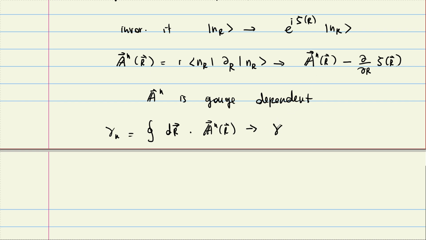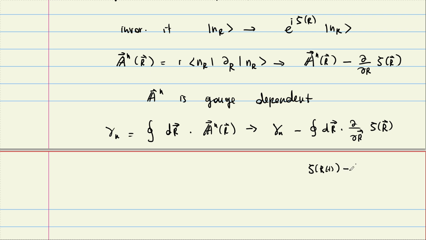One is itself, gamma n, and the other one is minus the closed loop integral of dR dot del over del R of zeta of R. Now you can see this is the integral of a derivative, and it is going to be the boundary that you were asking about, so this is going to be something like zeta of R of t minus zeta of R of 0, and which is 0, right?